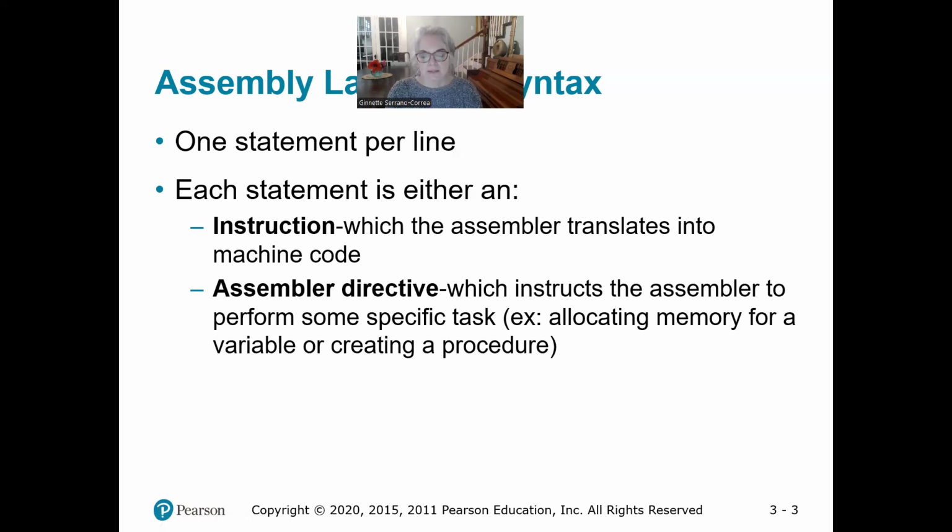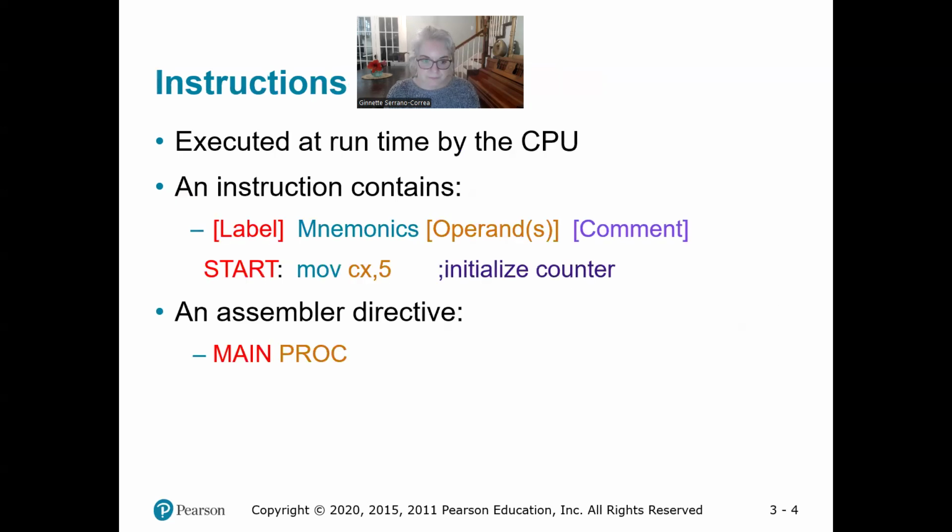And a directive instructs the assembler to perform a specific task, like allocating memory for a variable or creating a procedure. We're going to look at the different types of directives that we have available. But creating a procedure or prototype would be a directive that we can have in our programs.